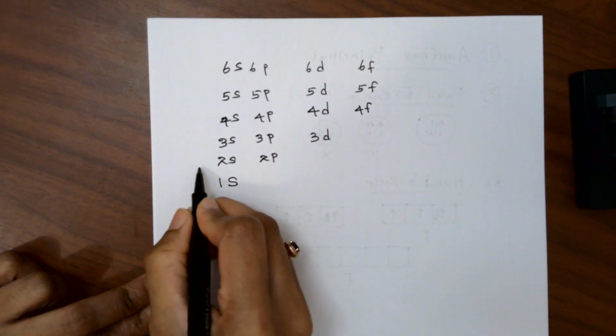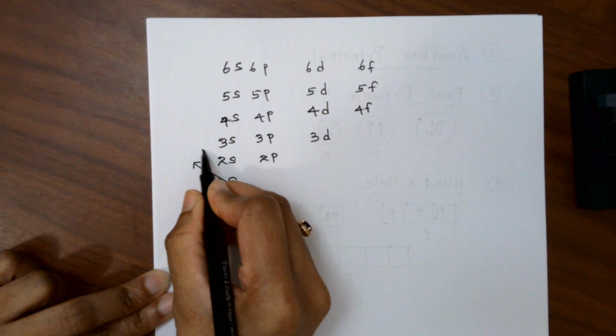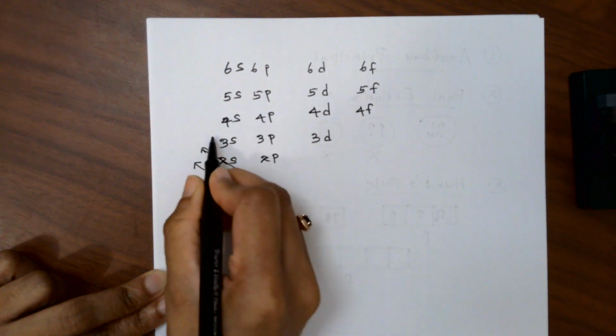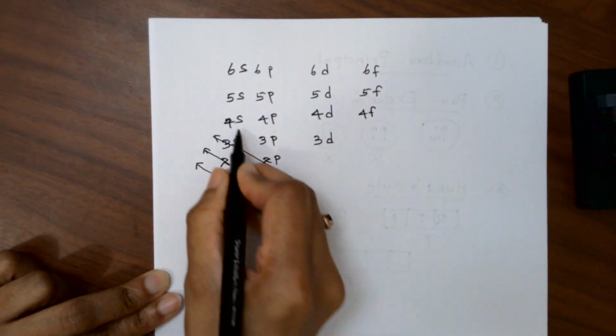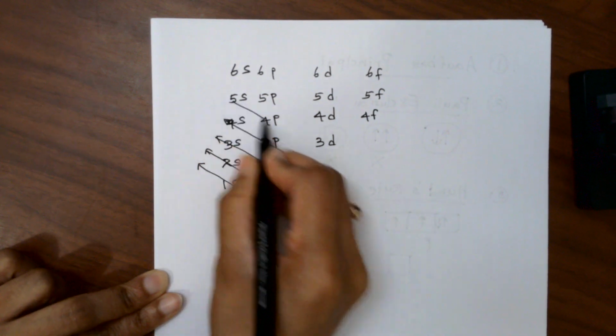Now you have to draw lines through 1s, and then 2s, and then 2p, 3s, and then 3p, 4s, and so on.